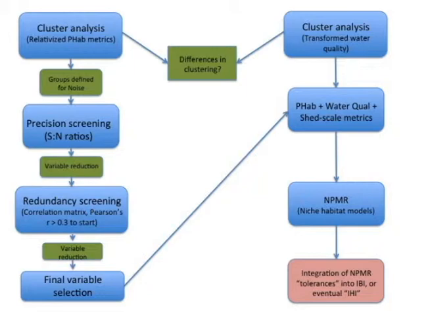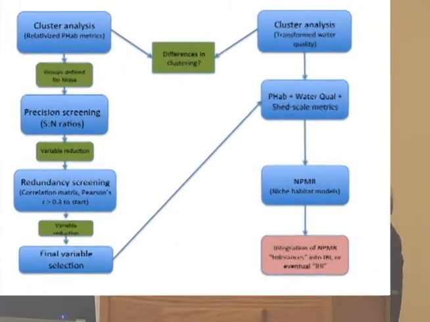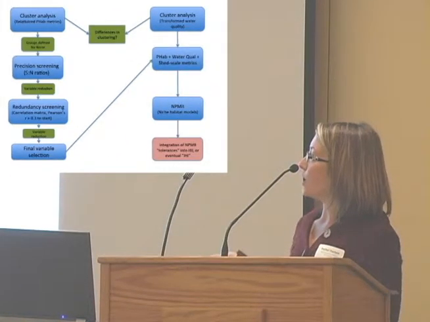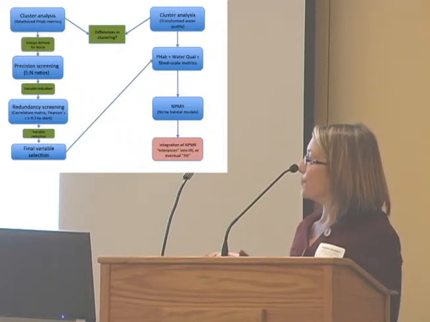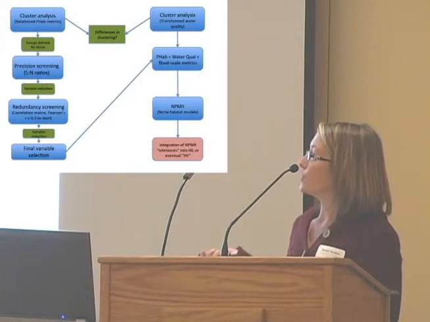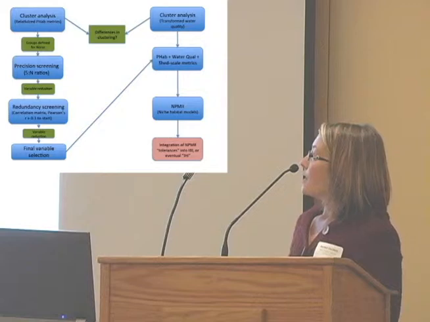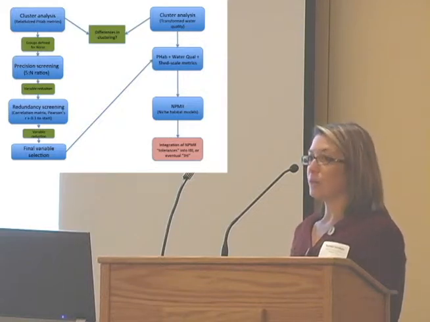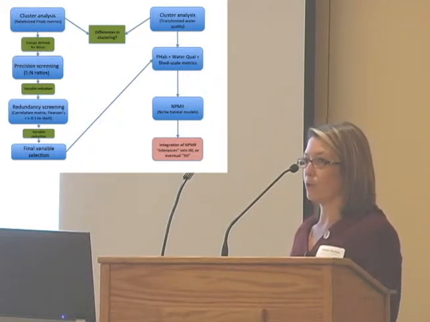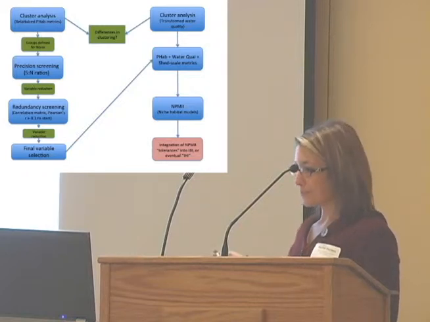We did redundancy screening by using a correlation matrix. Everything that had a Pearson's R of greater than 0.3 to start was our cutoff. We wanted to eliminate those variables that were basically telling us the same thing. Then we ended up with a final suite of variables. We have 13 of them, and I'll show you an ordination of them in just a minute.